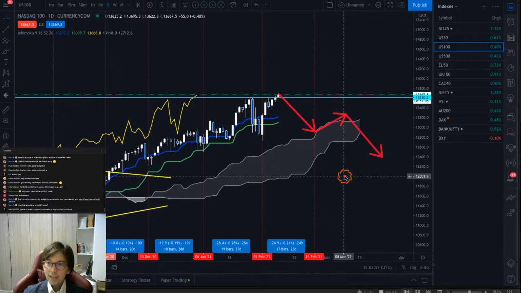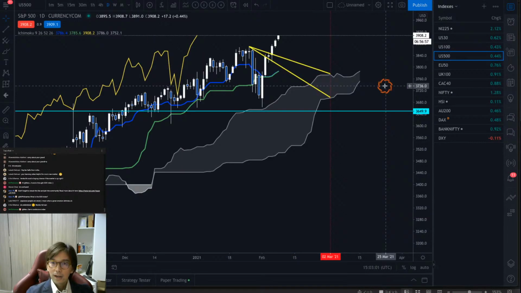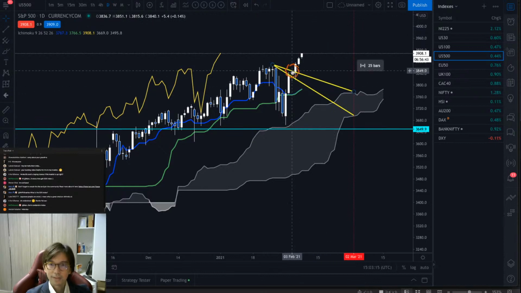So yeah, let's check S&P 500 next on the daily chart. Okay, so here is S&P 500, and this is also the uptrend right now. It broke the previous high also, and it's reaching towards the 4,000 price level.